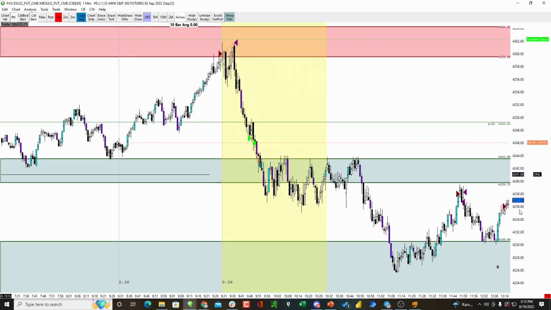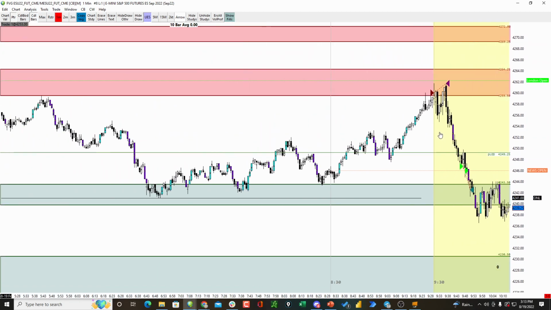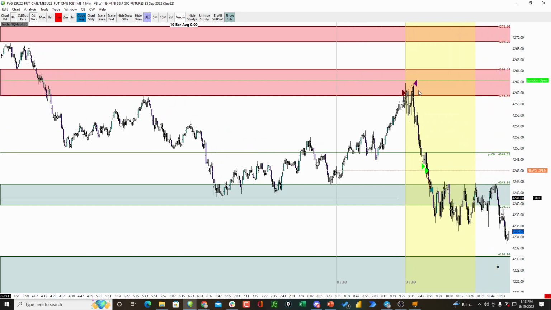I made a couple errors. Number one, the very first thing that happened is I executed perfectly for this first trade into the high of the day. But the one thing that I did wrong is that once we got on side 5 points, I brought my stop down.